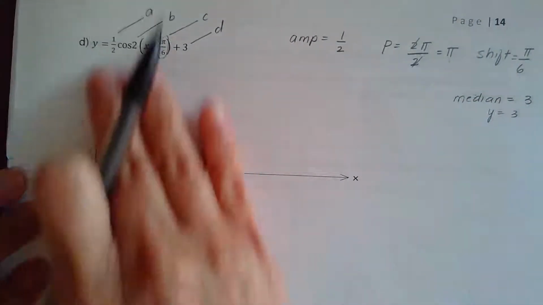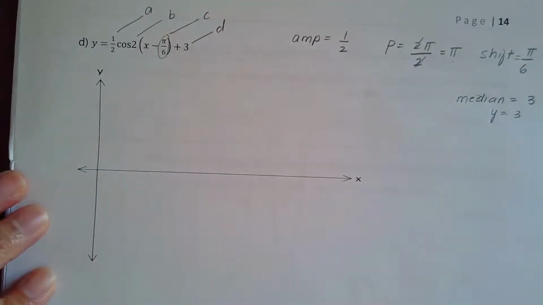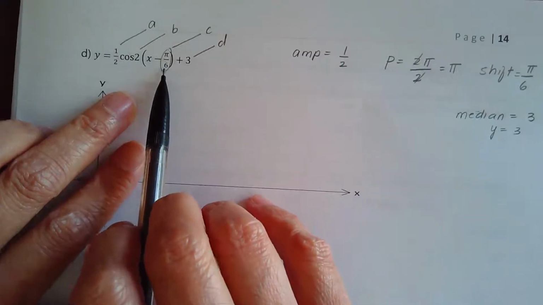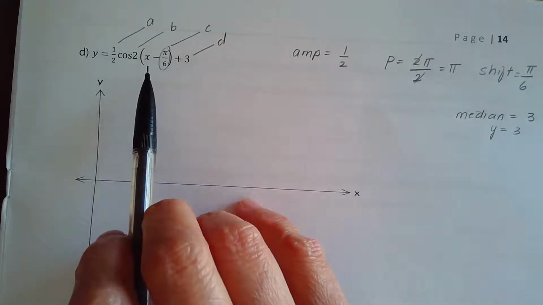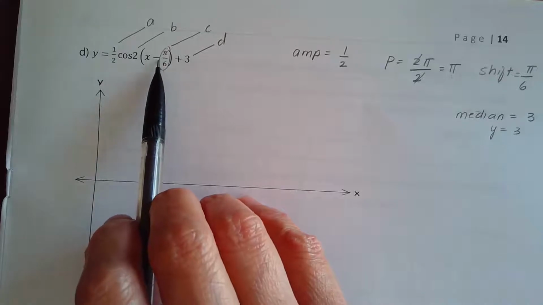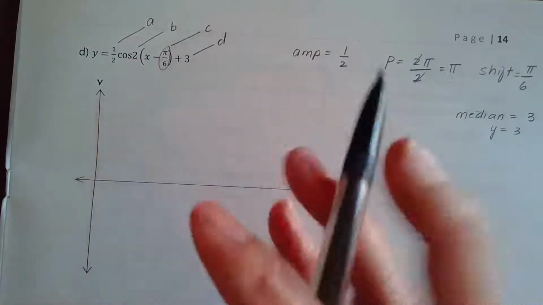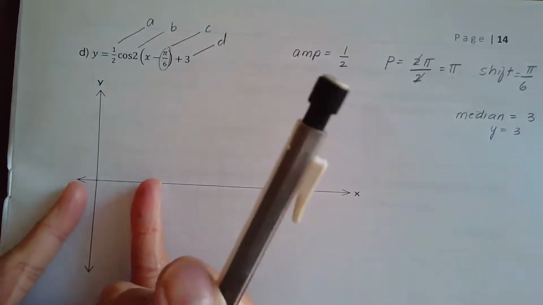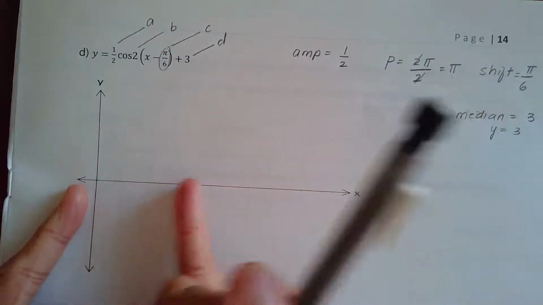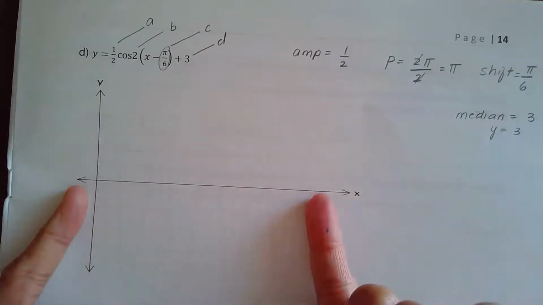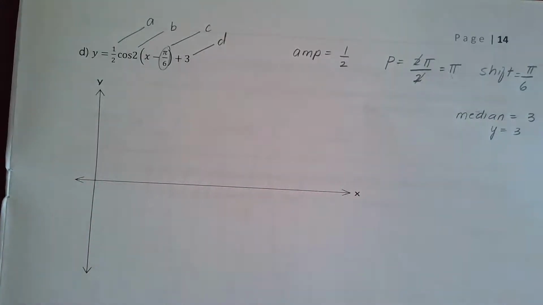Okay, we don't have any pictures in here. Now, here's the thing that we could do to make it easier for us, is a trick. As you can see, we're shifting by pi over 6. So it would be nice to have our increments, our scale, along the x being pi over 6. Okay, so that's one thing that we could do.